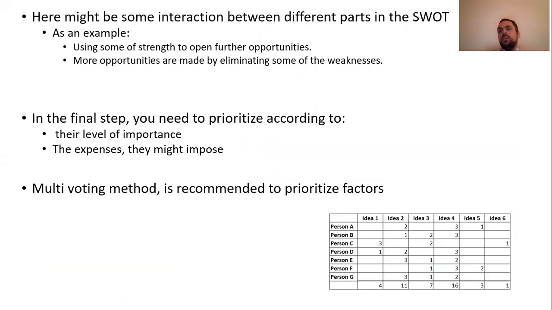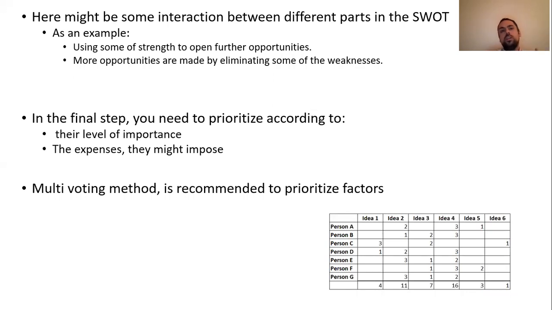So there is one interesting point. Please pay attention. Sometimes there is an interaction between these different parties. It means, for instance, there might be an interaction between strengths and opportunities. It means that using some strengths causes more opportunities to open to us.